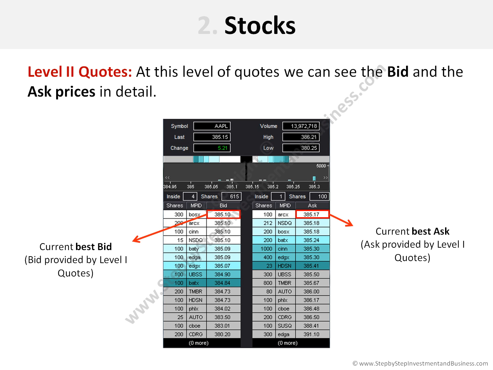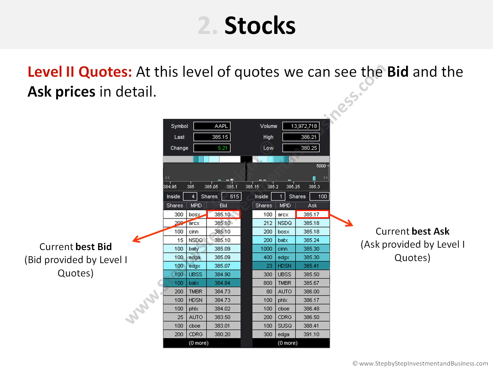In the same way, on the right side, we can see the ask, that is, the lowest price a seller is willing to accept for a share of the stock. Right now, we can see the current best ask, which is the one provided by Level 1 quotes. As we saw previously for the bid, if we move down the rows of the ask column, we can see how the ask price increases.